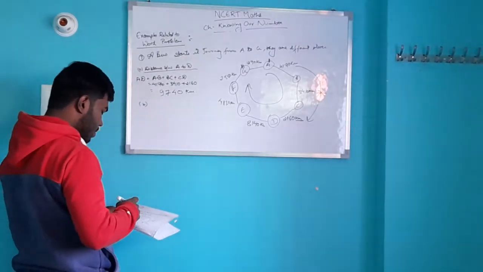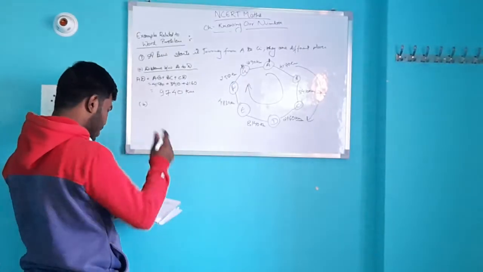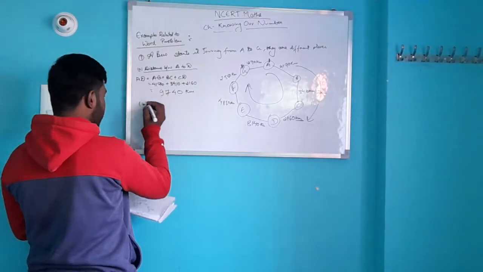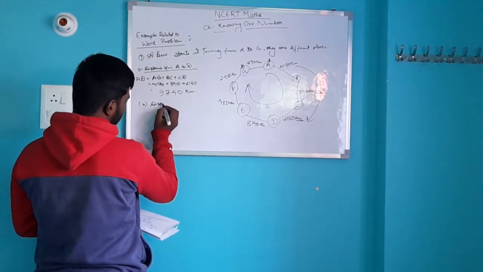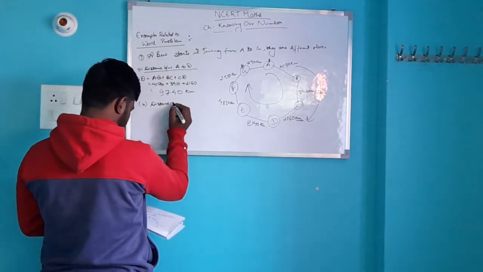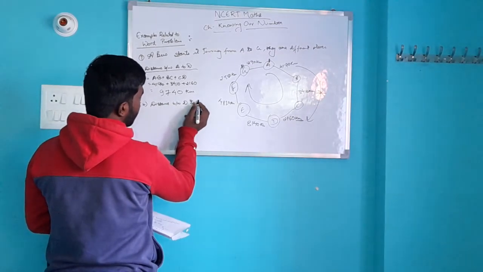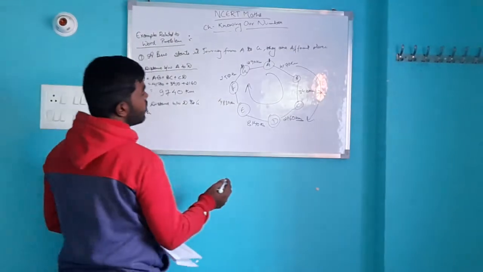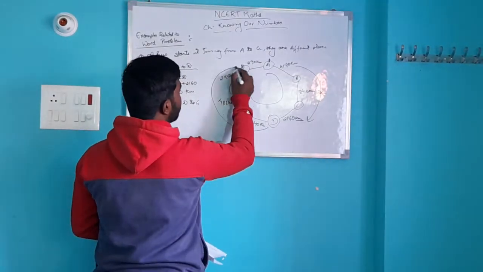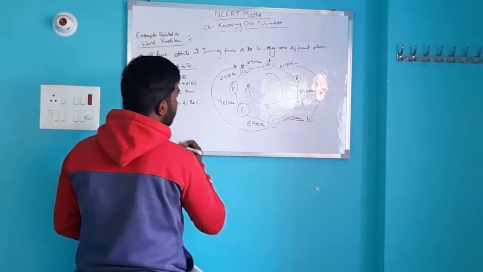In the second part, we need to find another distance. I leave some parts for you to do yourself, as given in the example in your NCERT book. The distance from D to G. So here we find the distance from D to G. We need to cover the E part and F part also.